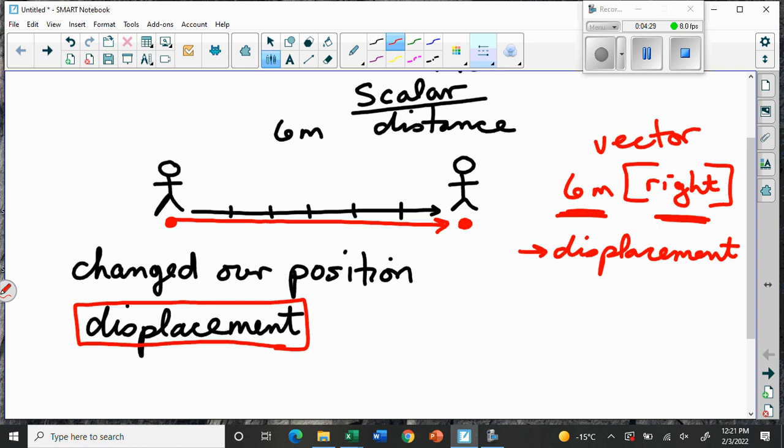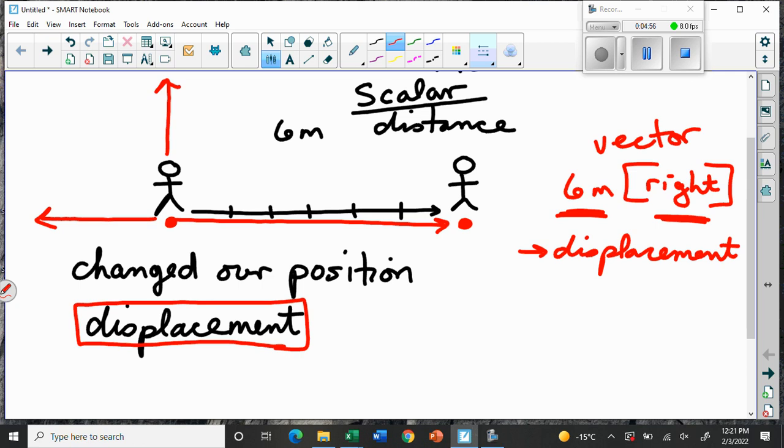So 6 meters to the right. If I had moved this way, that might be 3 meters to the left. I could also move 2 meters up or down or hither or yonder or east or west or whatever words we want to use to indicate the direction. Later, we will discuss how we indicate the direction using mathematical language instead of English words.